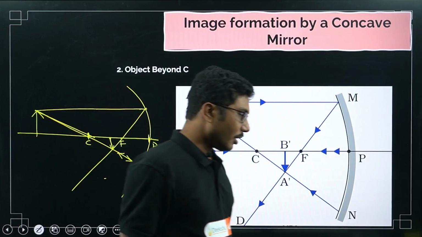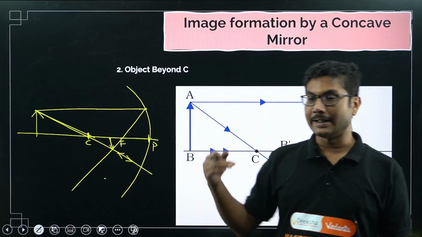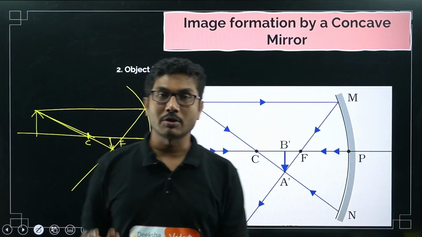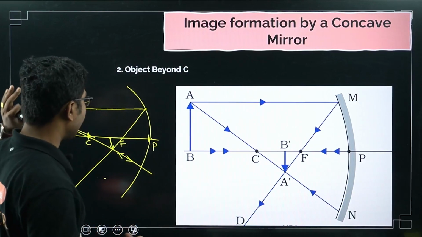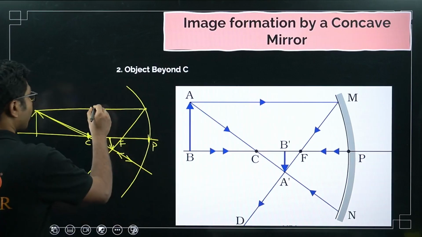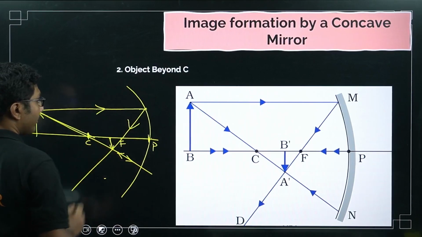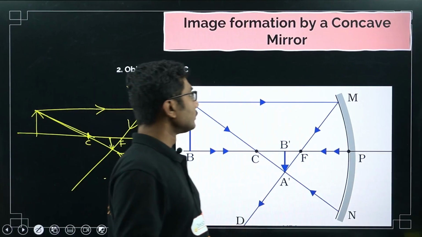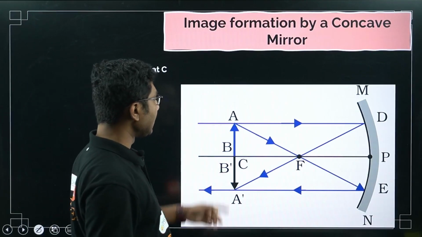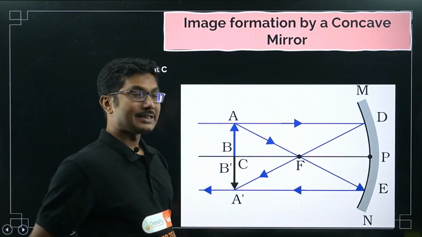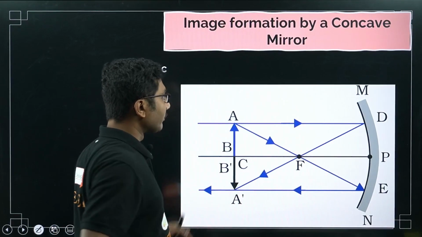If you want to learn that, then you have to watch my revision class tomorrow, where I will discuss how to draw the ray diagram for an object kept at C. Now, object kept at C, as you can see, the image will also be forming at C. So this is the special diagram.